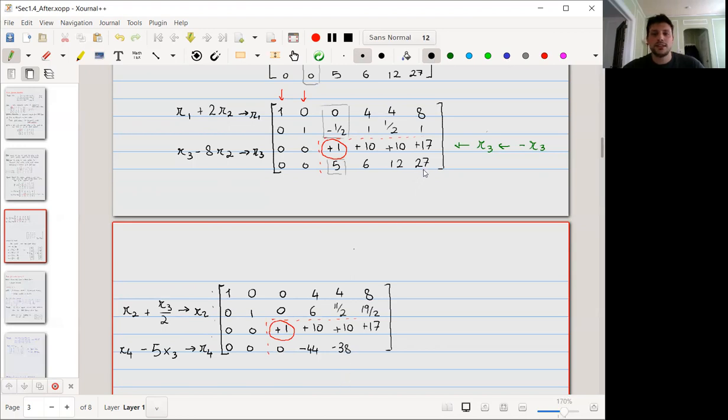And then we have 27. I'll write this out. 27 minus 5 times 17. And that's 27 minus 85, which should be, well, let's see, -58.